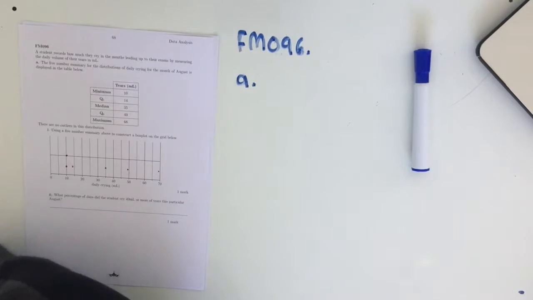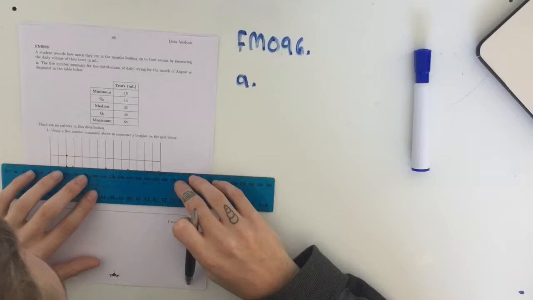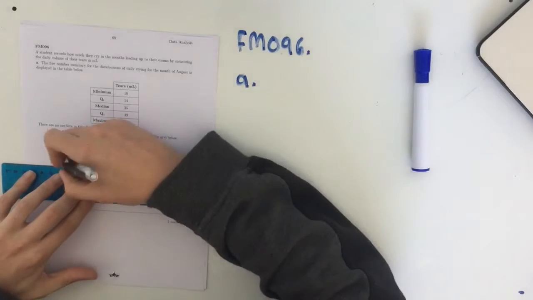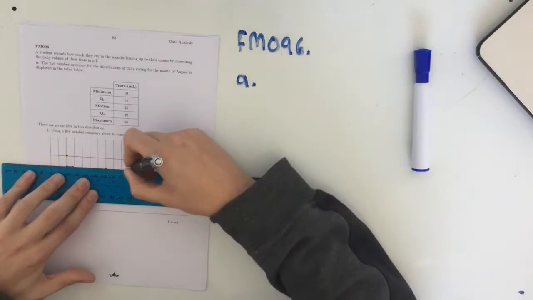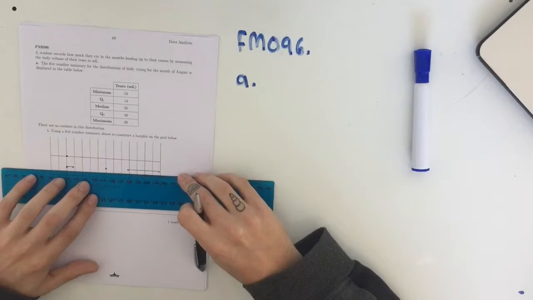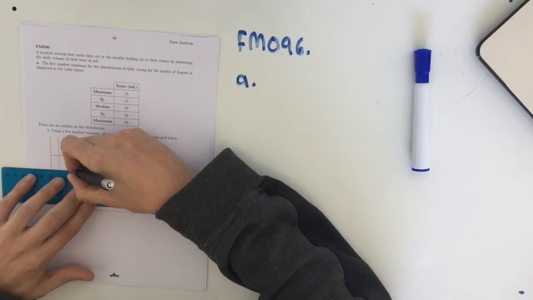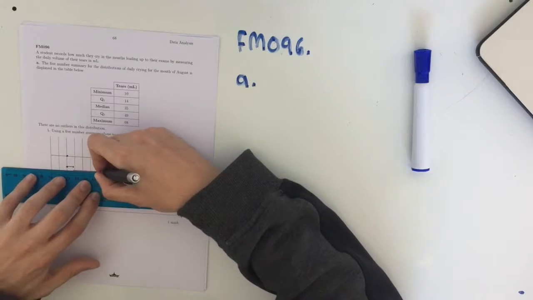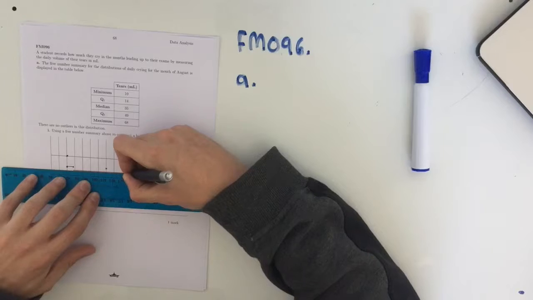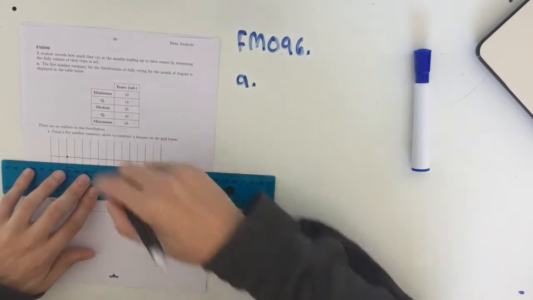Cool. Now I'm going to grab my ruler and I'm going to connect the last 2 dots on each side. So these two and these two, because that's where my whiskers are going to sit. And then I'm going to shimmy my ruler down like this, draw a line the same length between the first quartile and the third quartile, and then also shimmy it up and do the same thing.